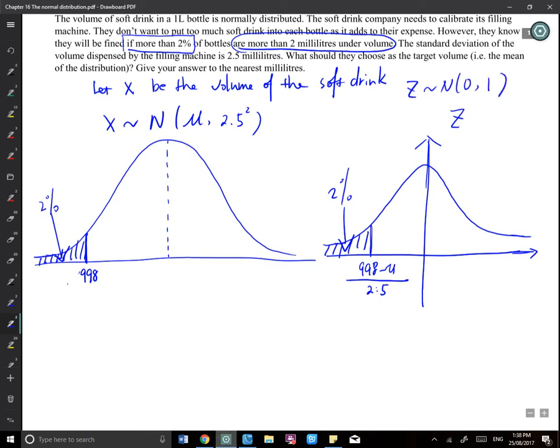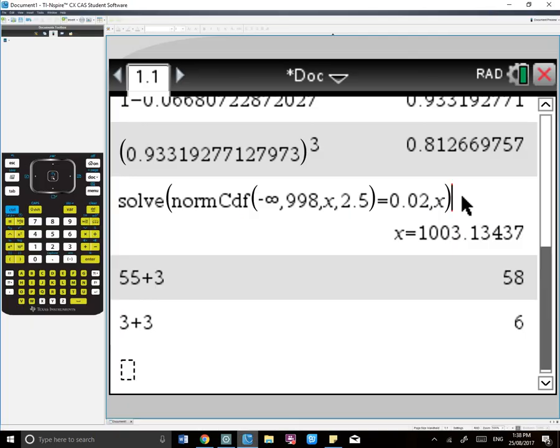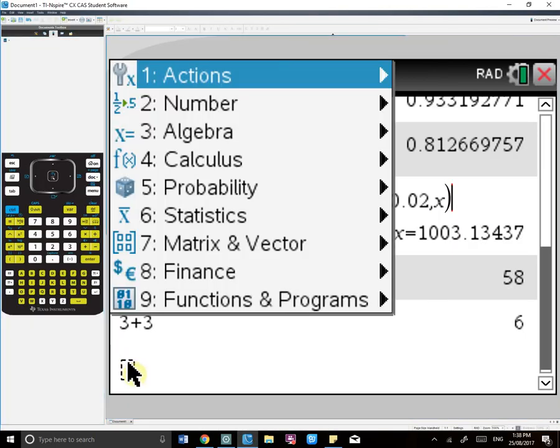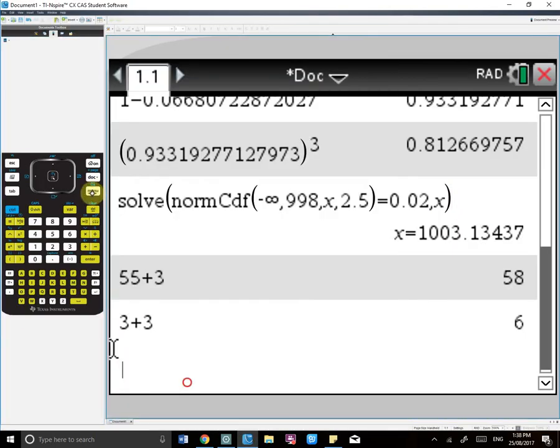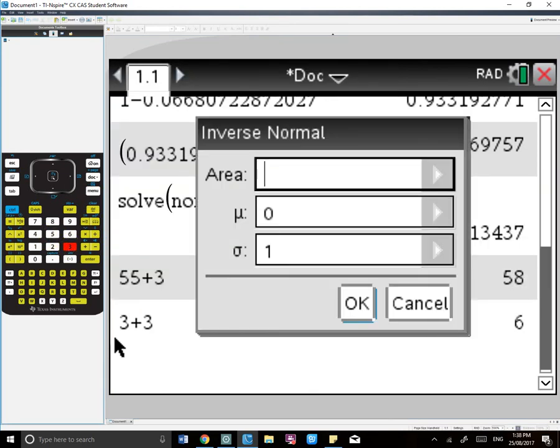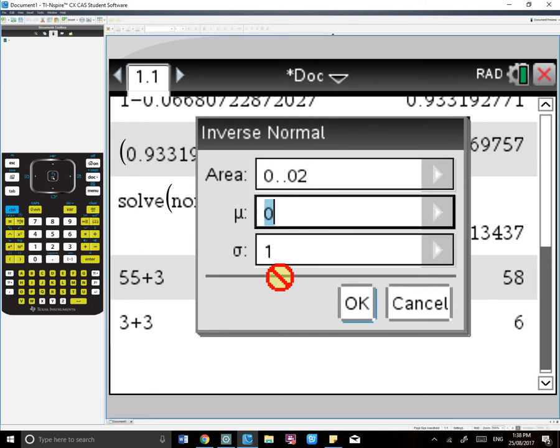Then I can use inverse normal. Menu 5, 5, 3, inverse normal. The area I want is 0.02, with mean 0 and standard deviation 1, the standardized normal.